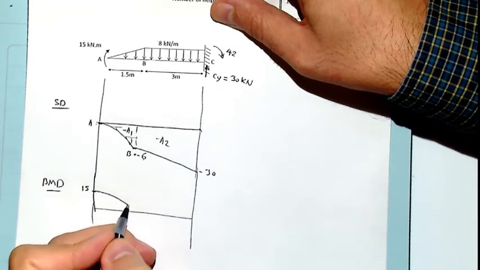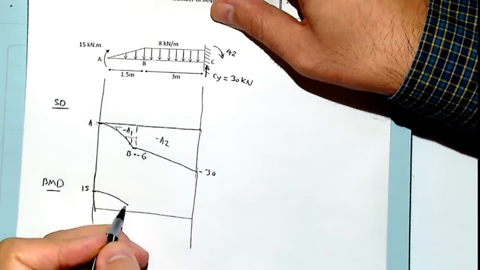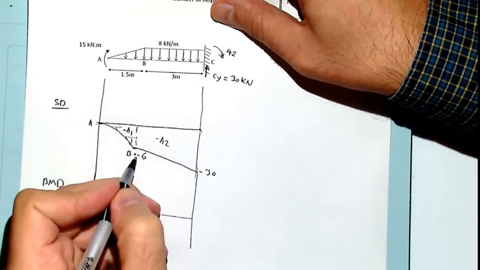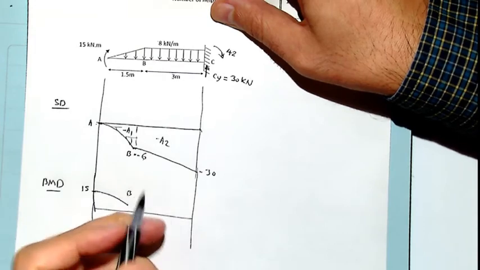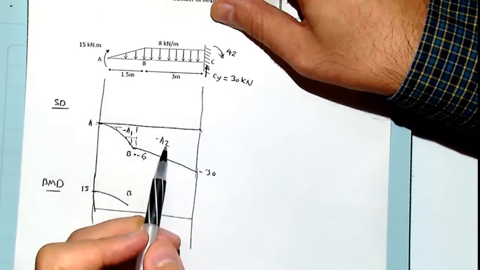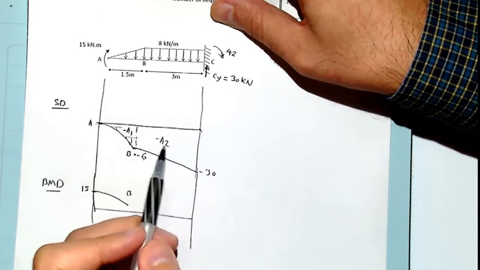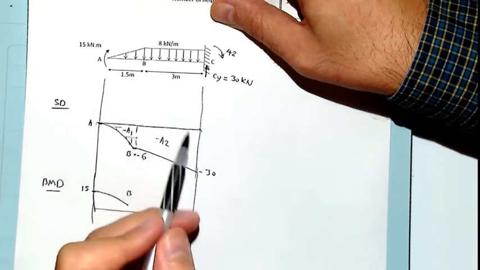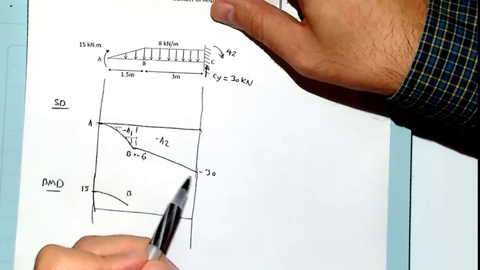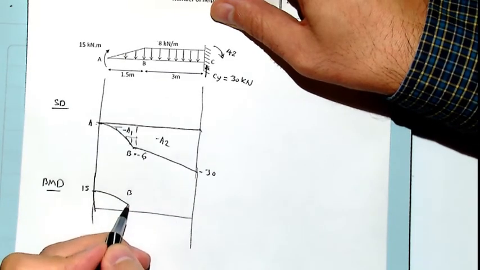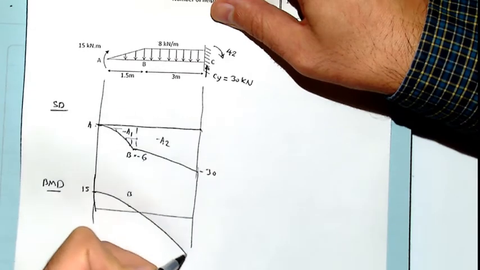Then from this point, which is point B, to point C, we have to add again minus area 2. We have to draw this area, which is trapezoidal, and it's linear, so it would be order 2. It would be something like this.